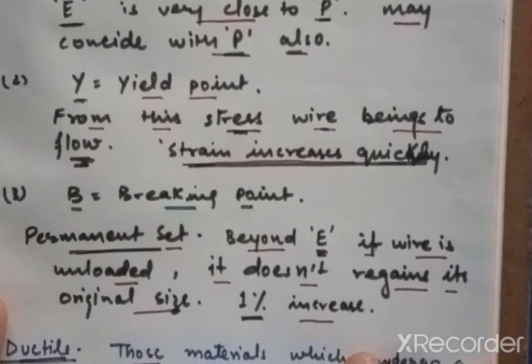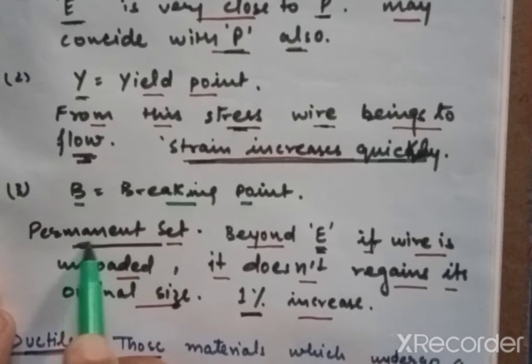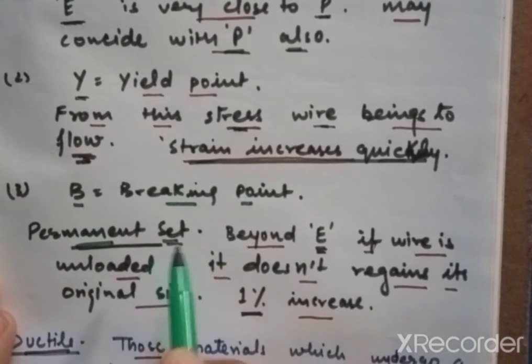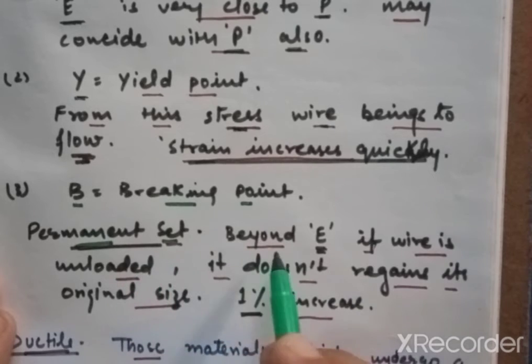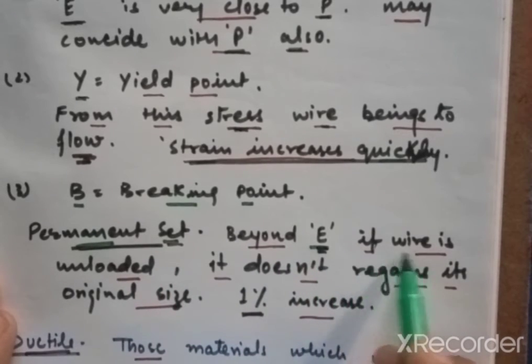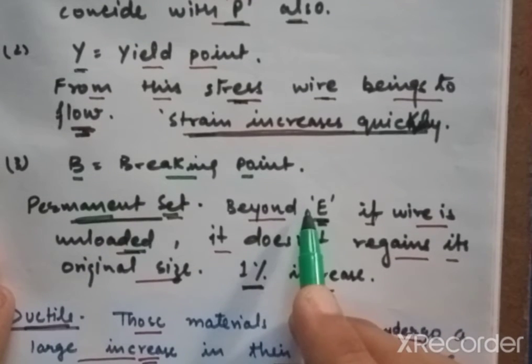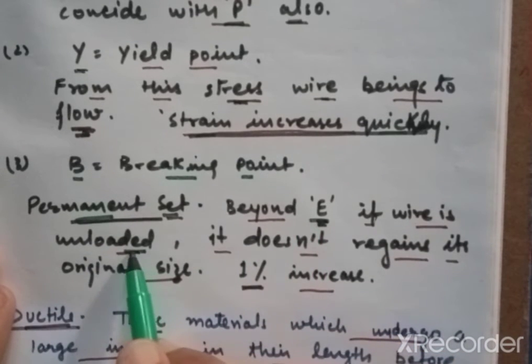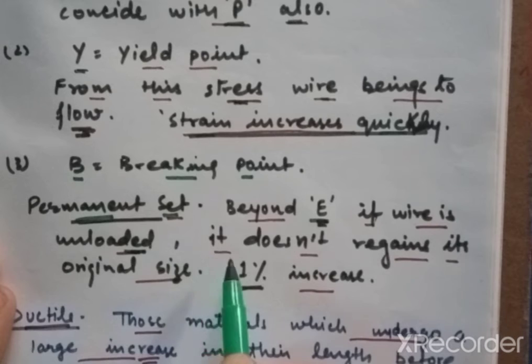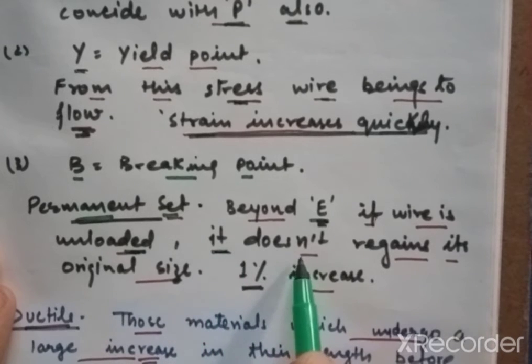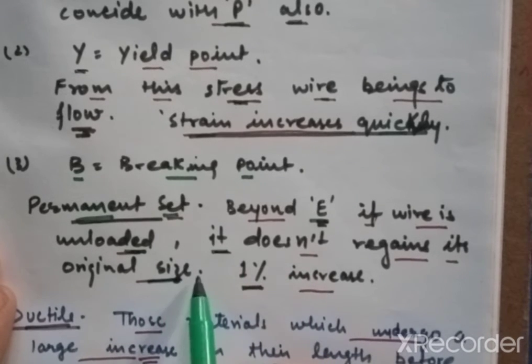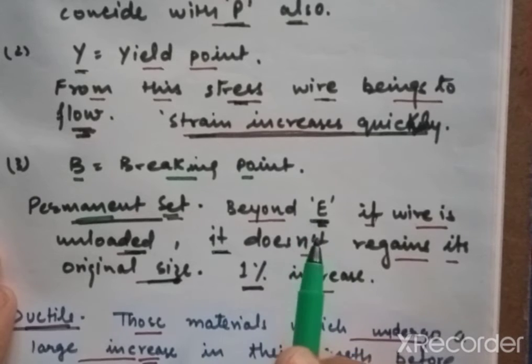There is another important concept, the permanent set. This means that beyond point E, if the wire is unloaded, the wire doesn't regain its original size. Up to point E it regains its original size.